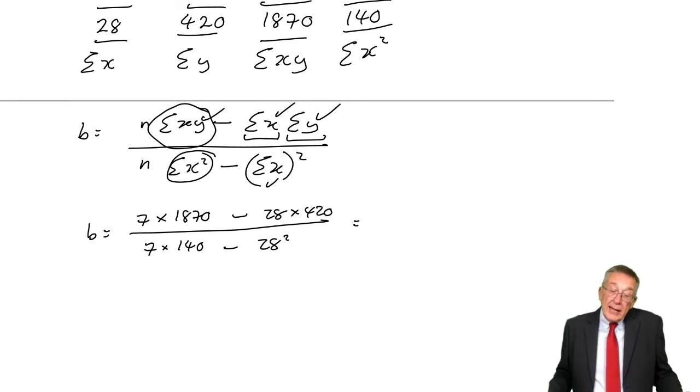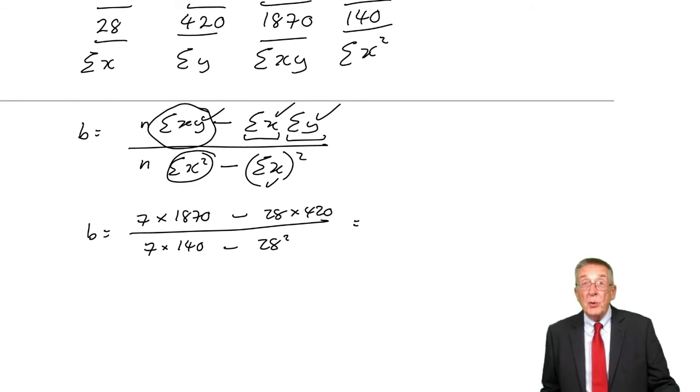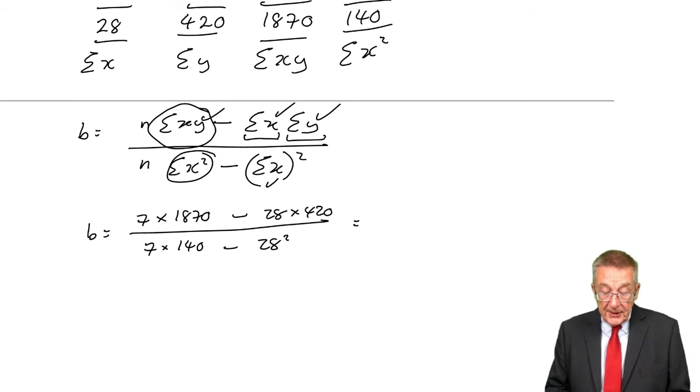Now, I don't know, if you're really efficient with your calculator, you can use brackets, you can perhaps do all that at once. Just for everybody's benefit, let me do it step by step.